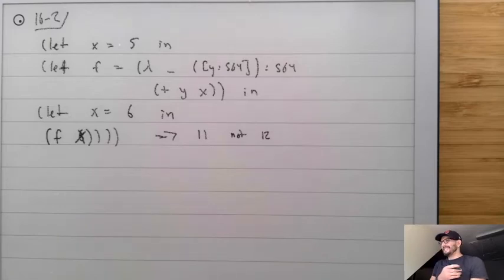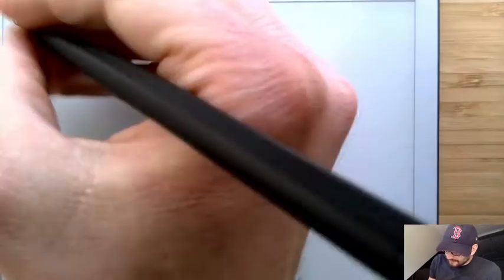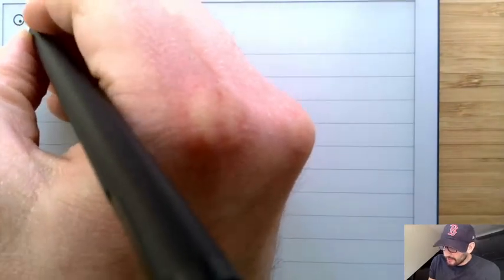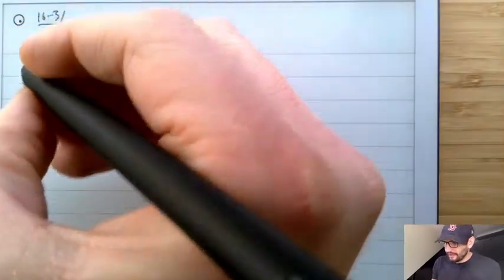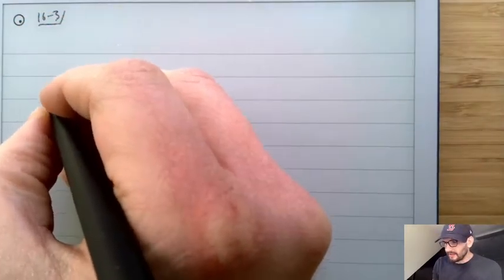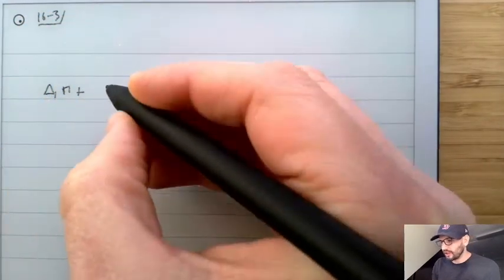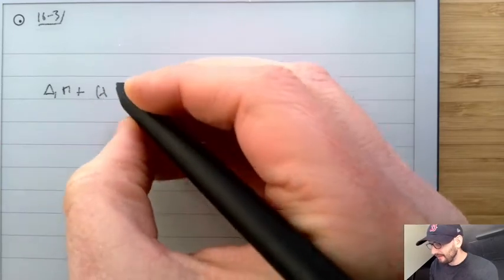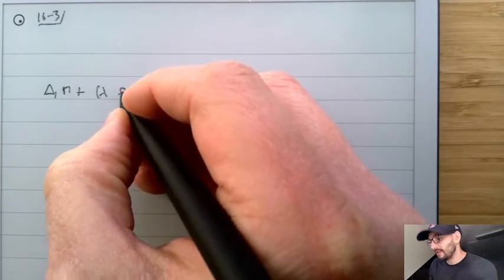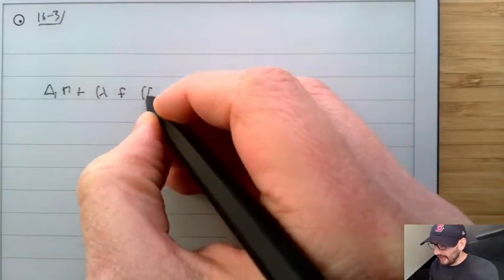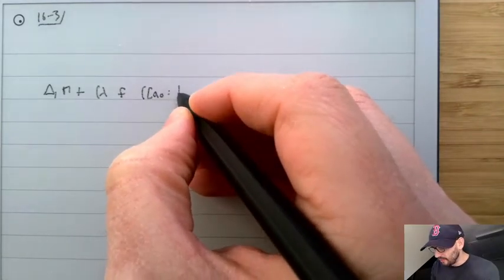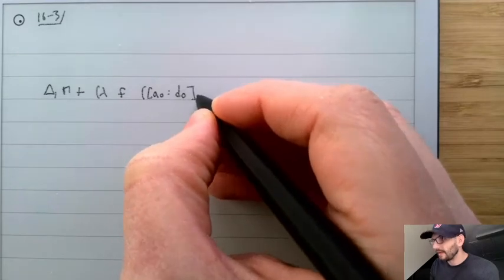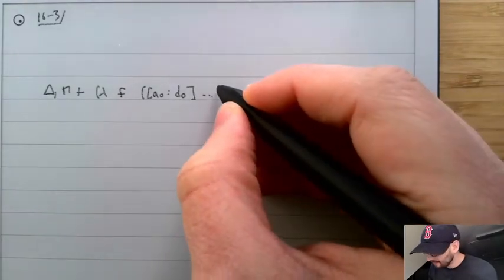So let's talk about how to change the type checker. 16.3. The rule is really quite straightforward. We have delta and gamma, and we are checking a lambda. So we have a lambda with some function f, and we have some argument A0 with domain type domain 0, and we have a whole bunch of those.